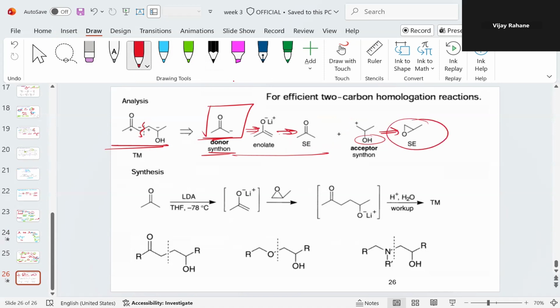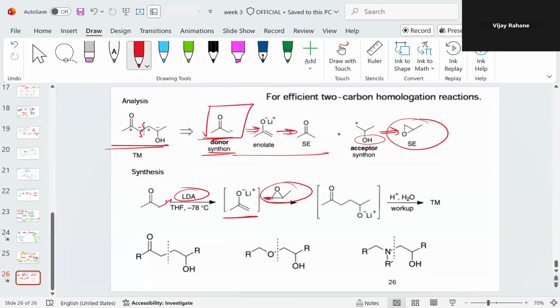So if you do the linear synthesis of this molecule, how will it be? If you just add the base, it will form the enolate, and upon addition of this enolate on this epoxide, it will selectively do the addition on this terminal center, because the terminal one is less sterically crowded.